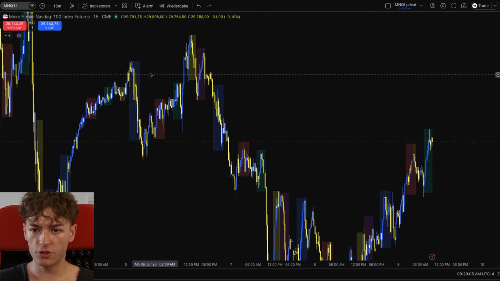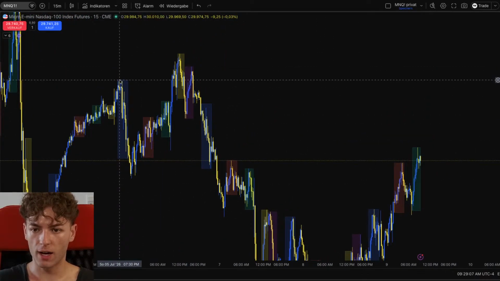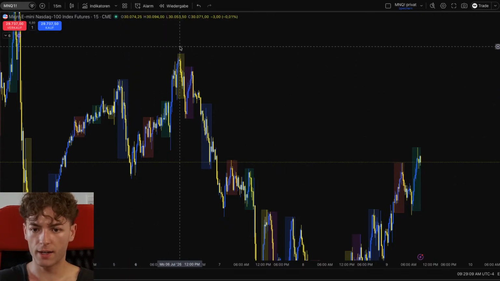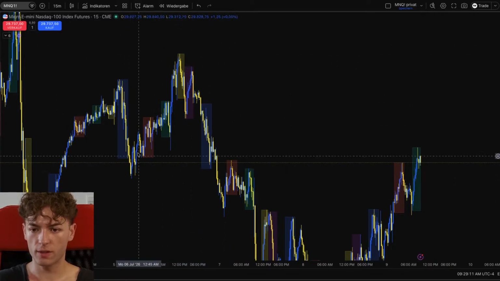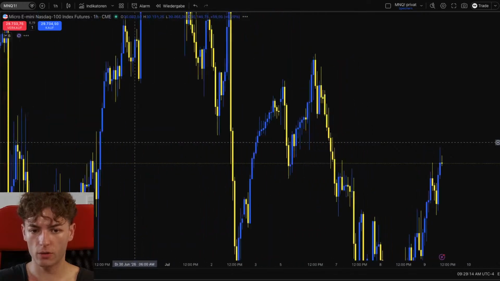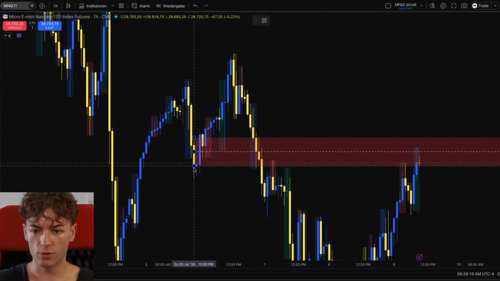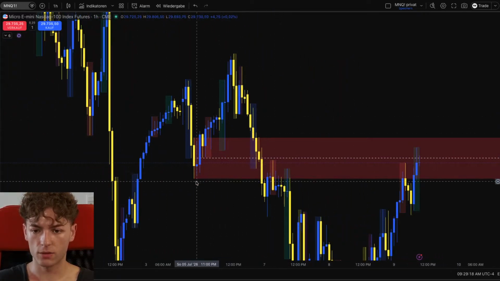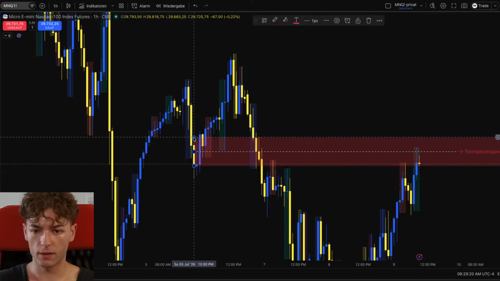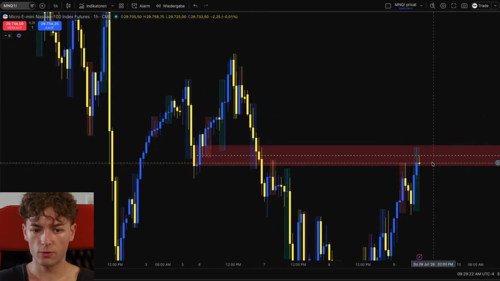If we just look at this price action right here, we have a high, a low, a higher high, and price breaks down. So this is technically a breaker. Let's have a quick look at the 1 hour chart. That's a breaker. So I want to look at it like this, and so far we've been respecting this breaker.